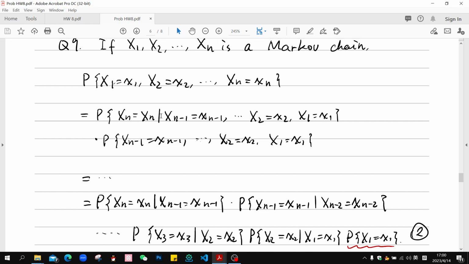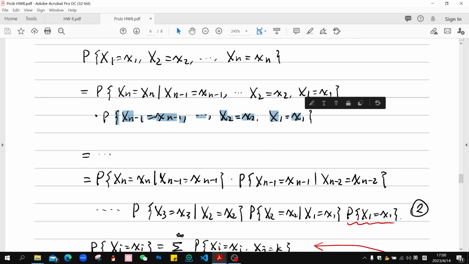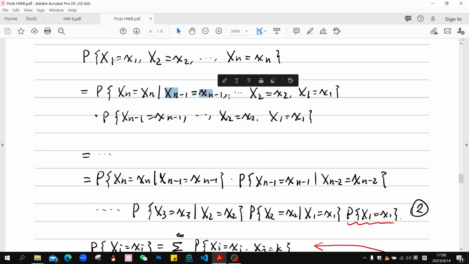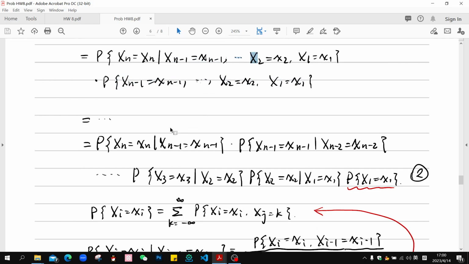equals the conditional probability of Xn = xn given that the previous ones are satisfied, multiplied by the probability of that previous event. And we can break down this part, and then break down X(n-1) and so on, and so on.